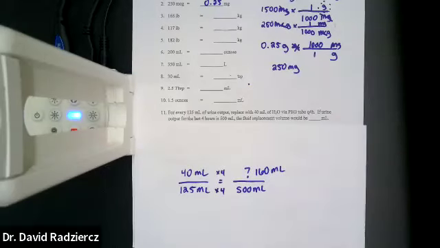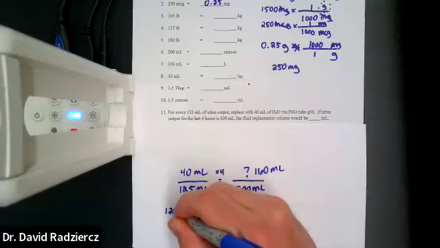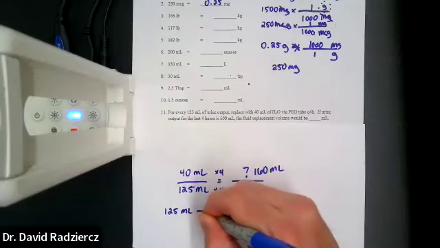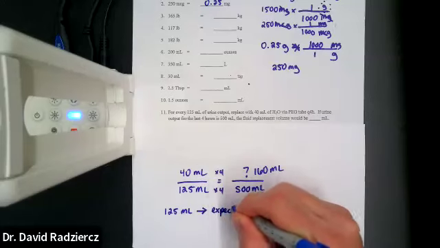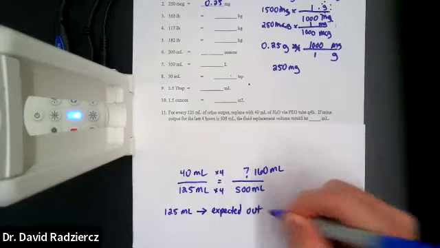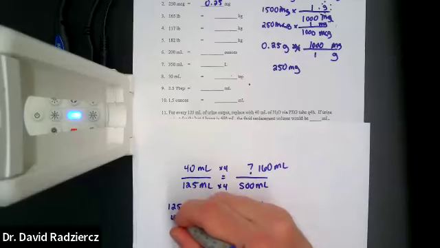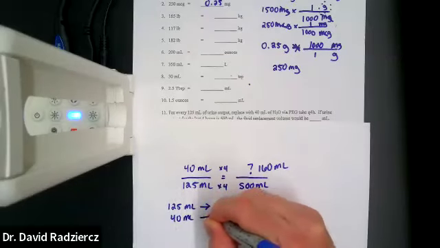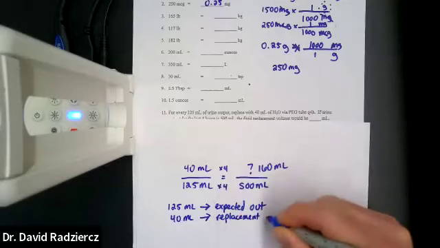Now, not everyone likes that particular strategy, and that's fine. You don't have to like it. I have some other ones. So I'm going to denote a couple things. The 125 milliliters is our expected output. That's what we expect to come out of the patient. 40 milliliters is the replacement, we'll just say in.